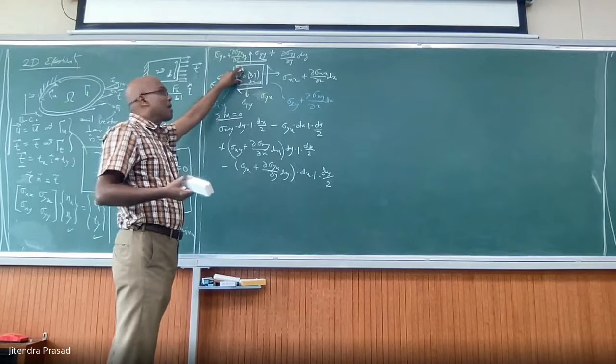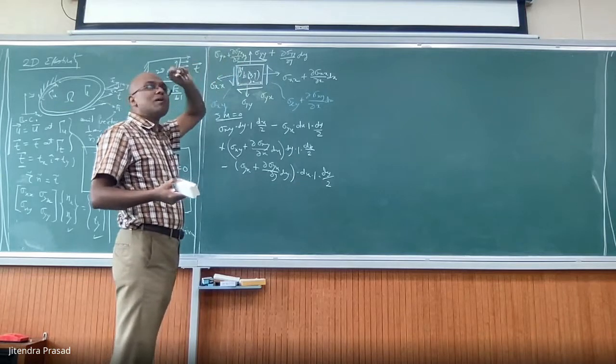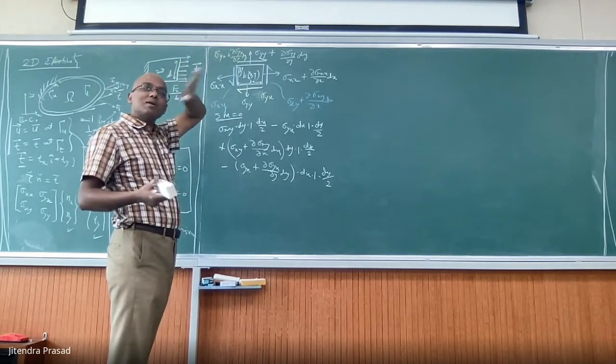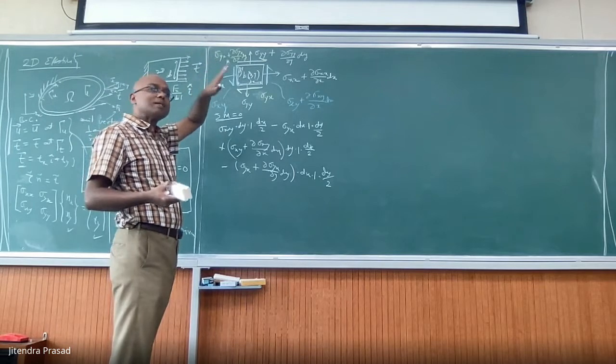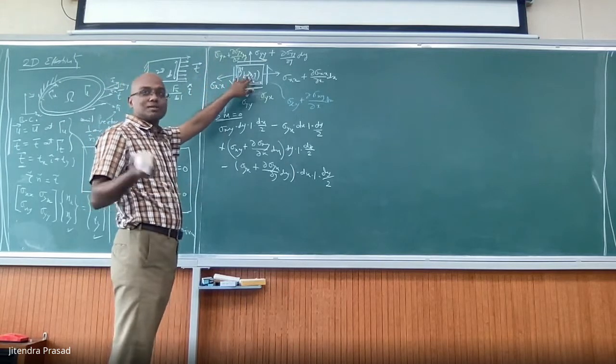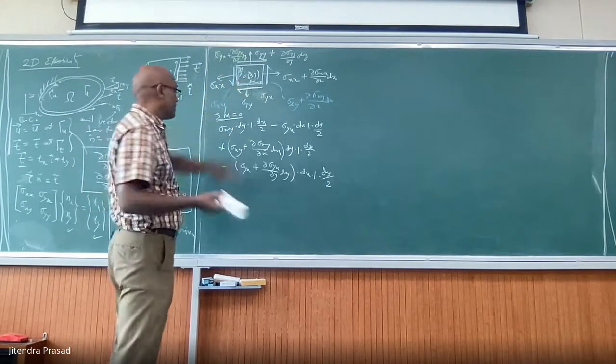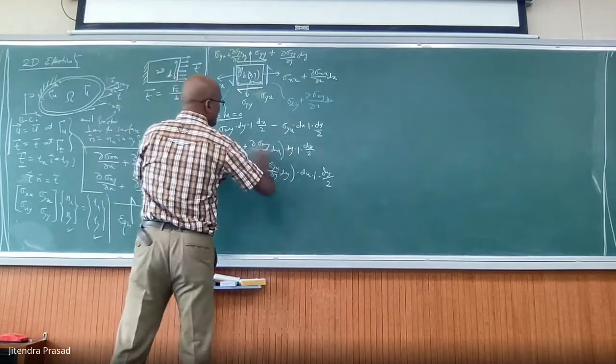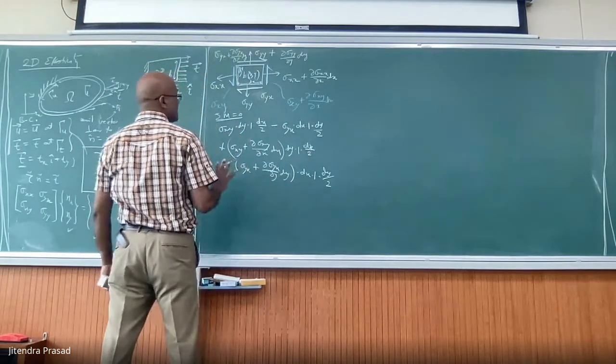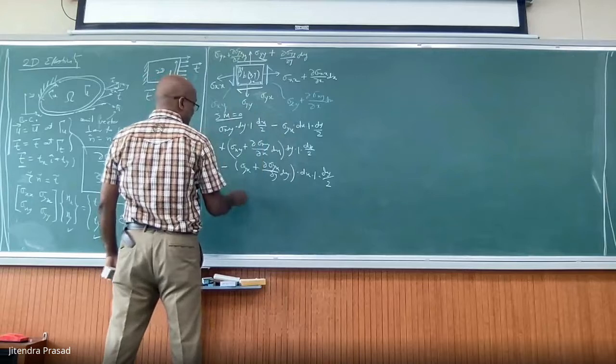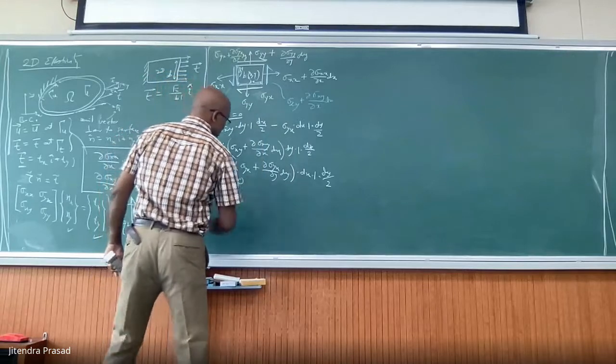If it is very, very small, we can assume that it is constant, and because of that there is no moment created by bxy basically. So that is equal to 0.